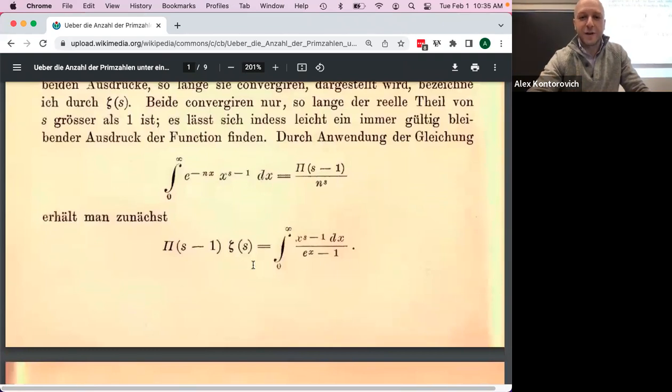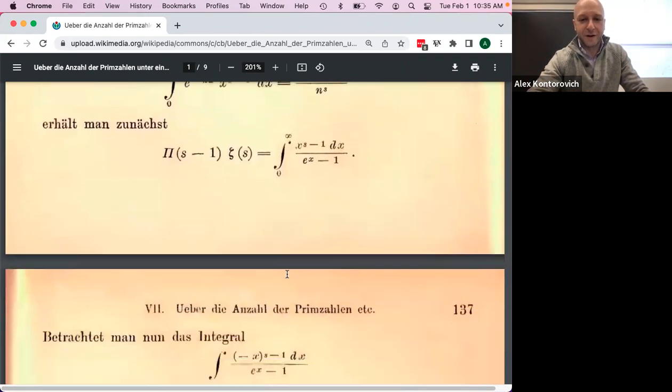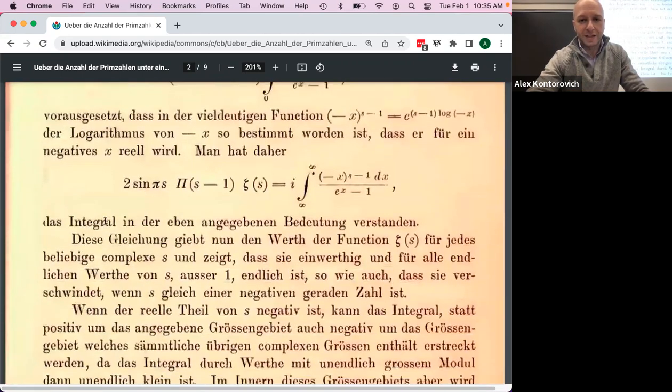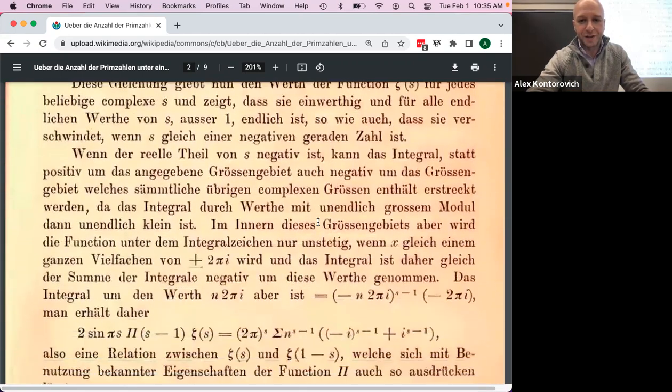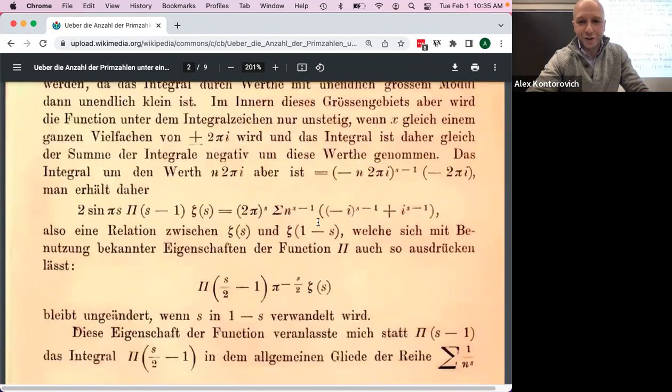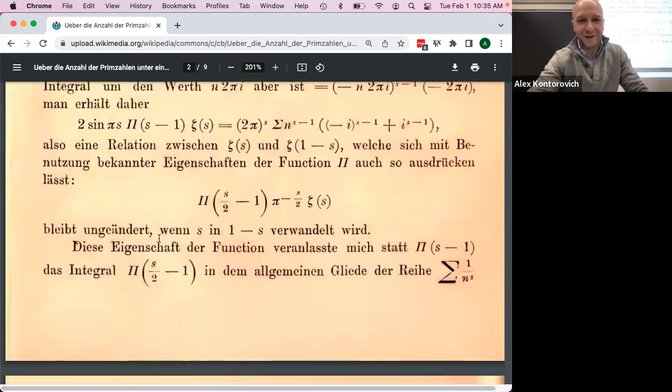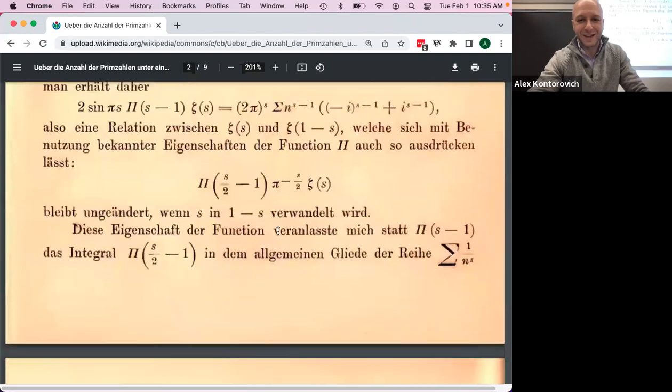He does a slightly different expansion of the zeta function and a slightly different sort of functional equation. So he gets this completed zeta: gamma of s over 2, pi to the minus s over 2, zeta of s, which is invariant under s going to 1 minus s.